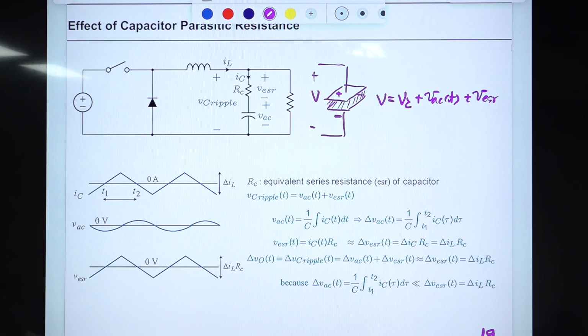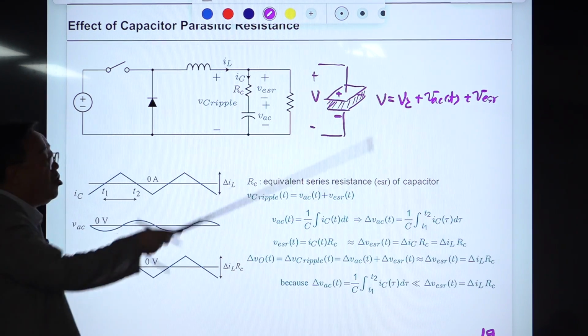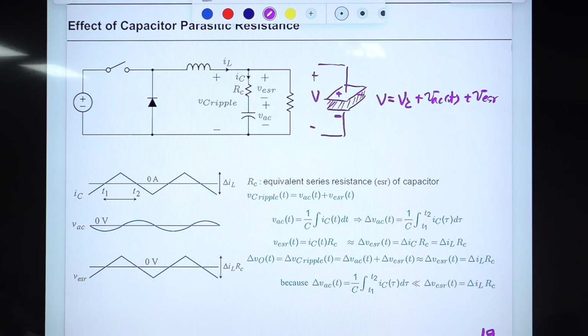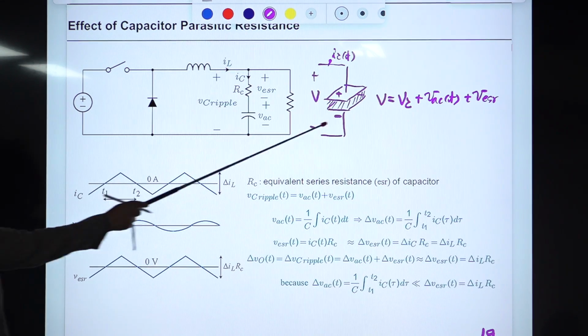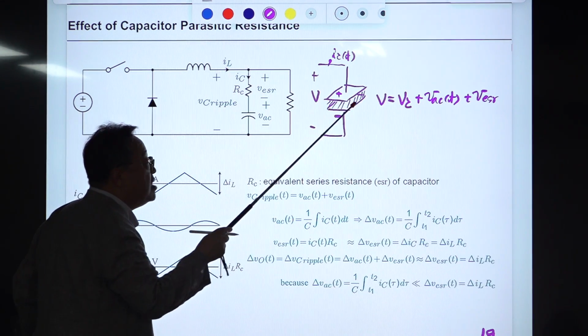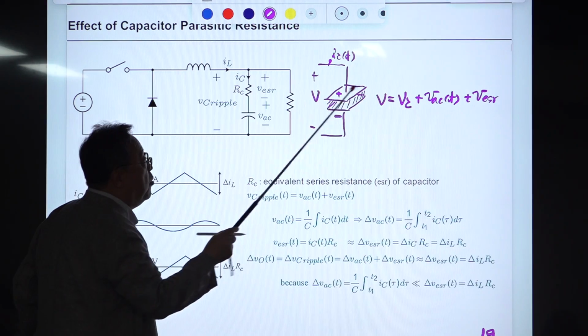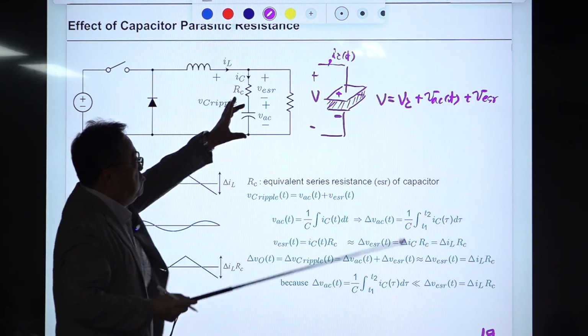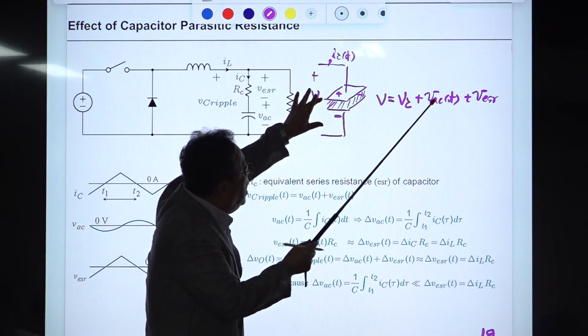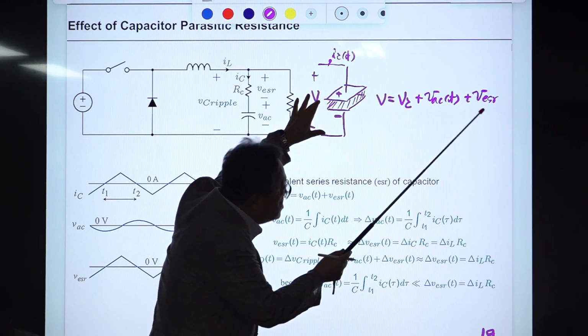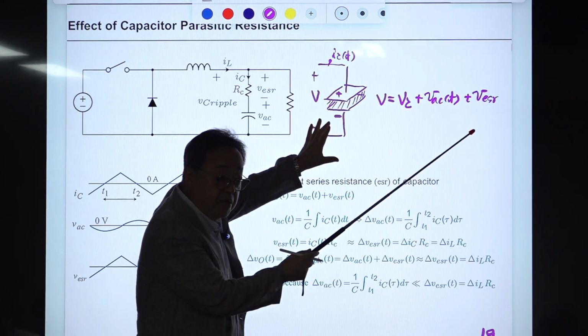So there is a voltage drop, and the current is passing through this, ICT. Okay? Then voltage drop, this is due to the capacitance of this capacitor, okay? And DC voltage is stored here with some AC component and this extra voltage drop, okay?